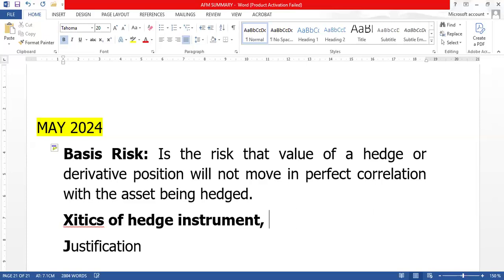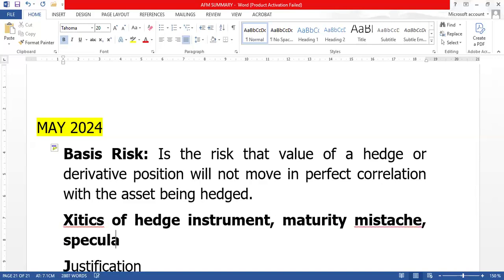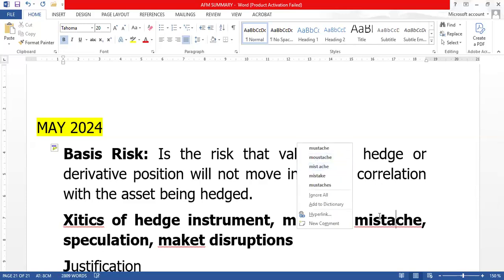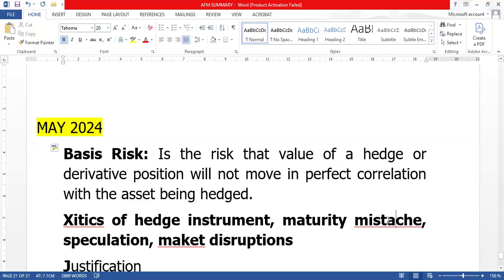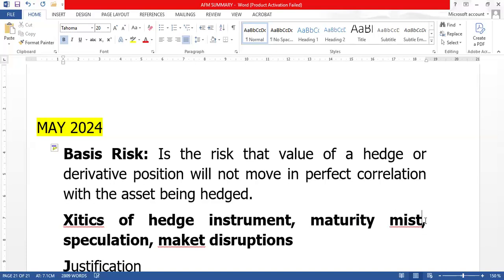Then it could also be the maturity mismatch, things related to speculation, and things related to market disruptions. Because of these things, you find that there is a mismatch with what you predicted.